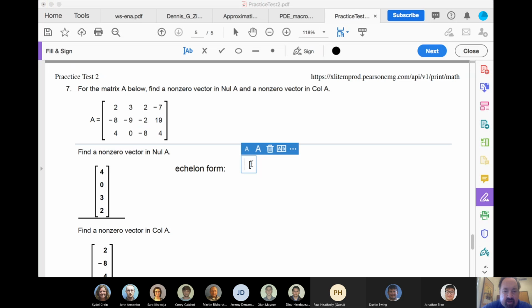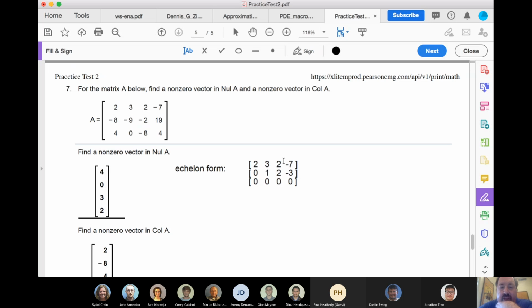So what you get is, well, the first row is not going to change at all. And then the second row will be 0, 1, 2, minus 3. That's just for whatever you chose for this matrix. And then the third row is all zeros. So x3 and x4 are free variables.